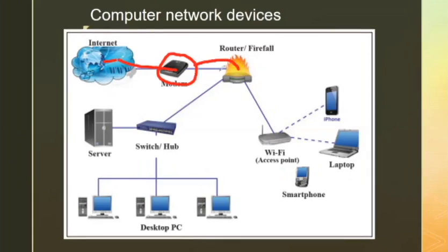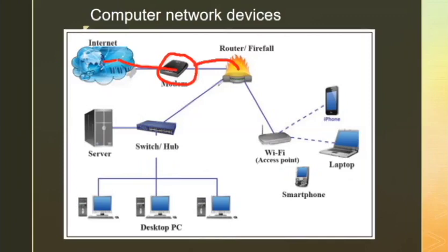The modern routers also have modems, because analog signals can be converted to digital, and digital to analog. We call that the modem. So a router also has a modem facility.